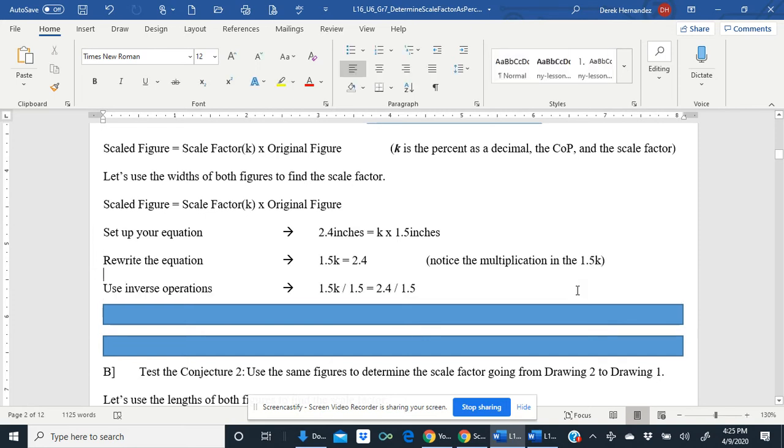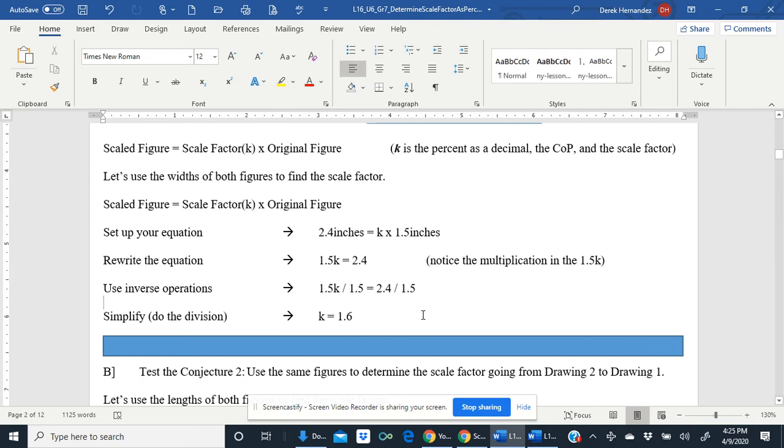Use inverse operations. Since there's multiplication in the previous step, we have to use division to get rid of the coefficient of k. So 1.5k divided by 1.5. What you do on the left, you do the same exact thing on the right to maintain balance. 2.4 divided by 1.5.